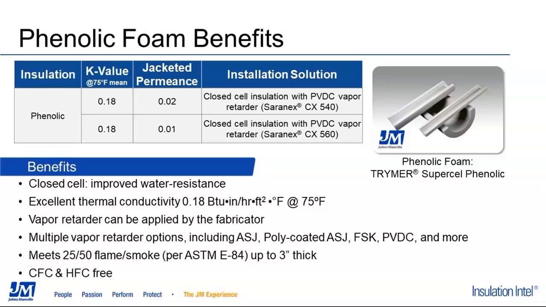The key benefit of phenolic insulation is in rare circumstances, as compared to the Trimer 2550, where a thickness of more than 1.5 inches is required, it can meet that 25/50 code up to 3 inches. And like Trimer 2550 PIR, phenolic insulation is also CFC and HCFC free.